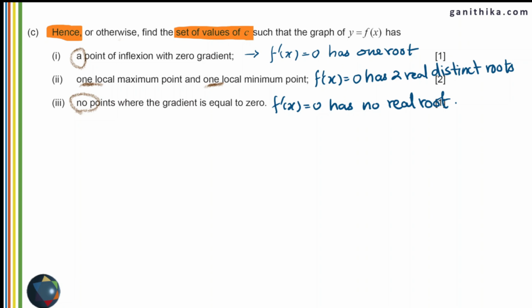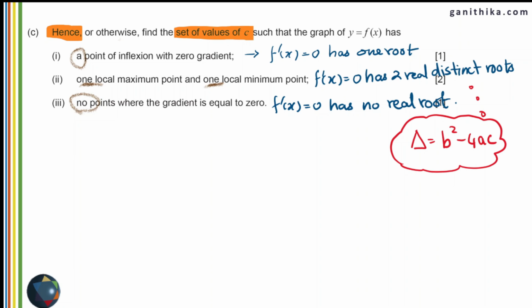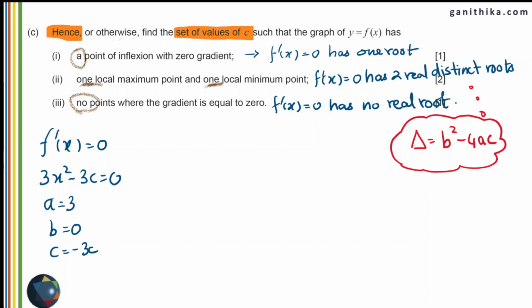Looking at these three conditions, you can see that this looks very similar to the discriminant type of questions from the quadratic equations, right? So your f dash of x is a quadratic function, which is 3x square minus 3c. Since this is a quadratic, and since the values of a, b, c of the quadratic are here, substituting these values in your discriminant, the discriminant is equal to 36c.